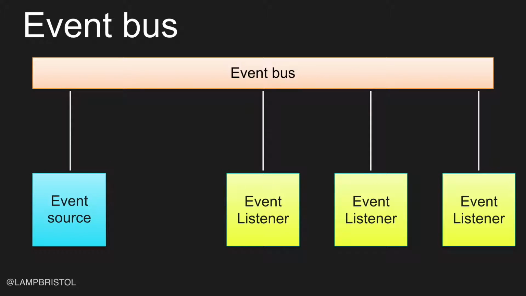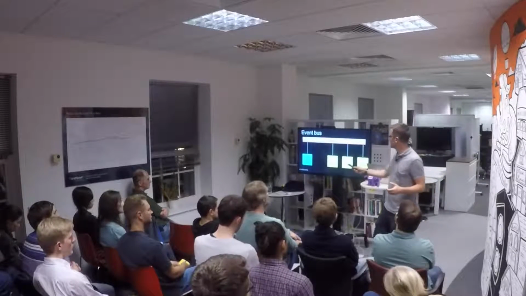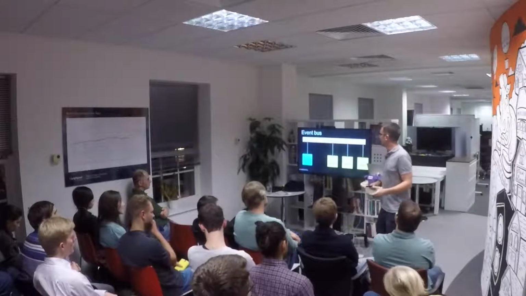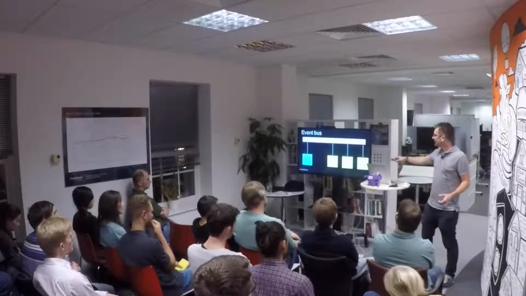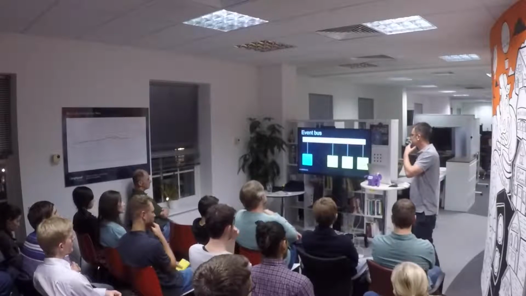And the other option is you might have an event bus, and this is a higher level of decoupling, really, because the event sources and the event listeners are all attached to an event bus. If an event source sends out an event, it just passes it onto the event bus, and then anyone who might want to listen to it is listening from the event bus. The event bus passes on the event.